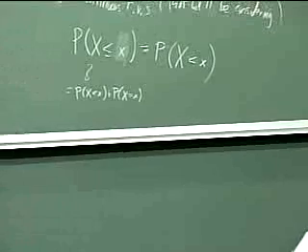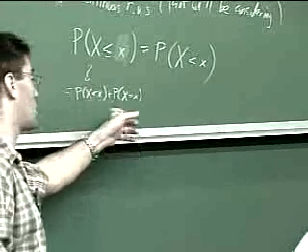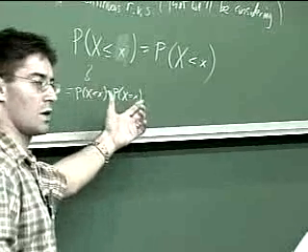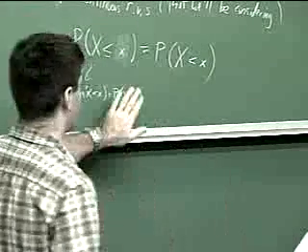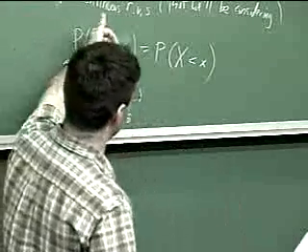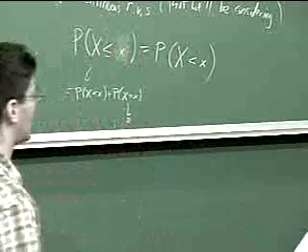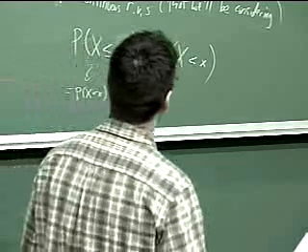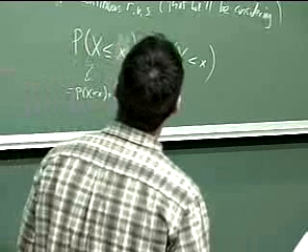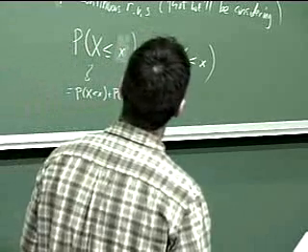These are disjoint, so the probability of this or this is just the sum of them. We already said that the probability that X equals x is 0. So the probability that X is less than or equal to x equals the probability that X is less than x.